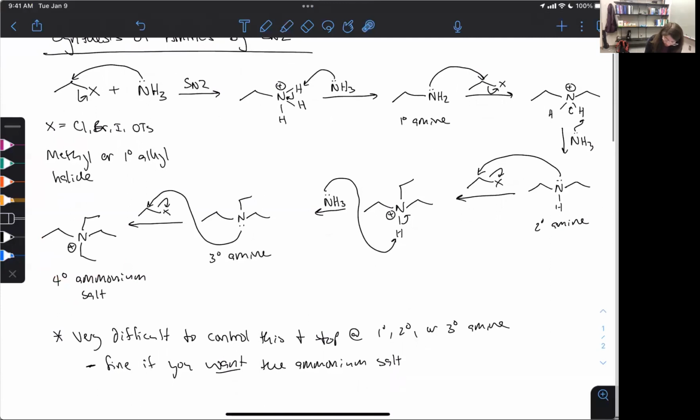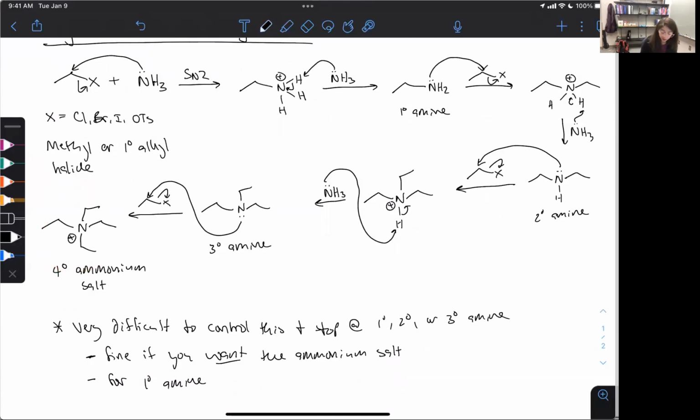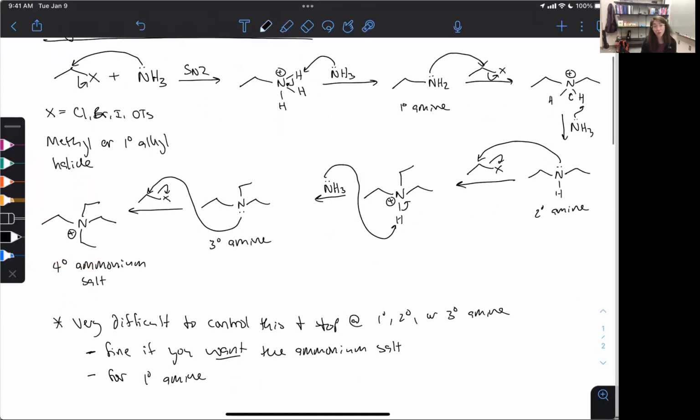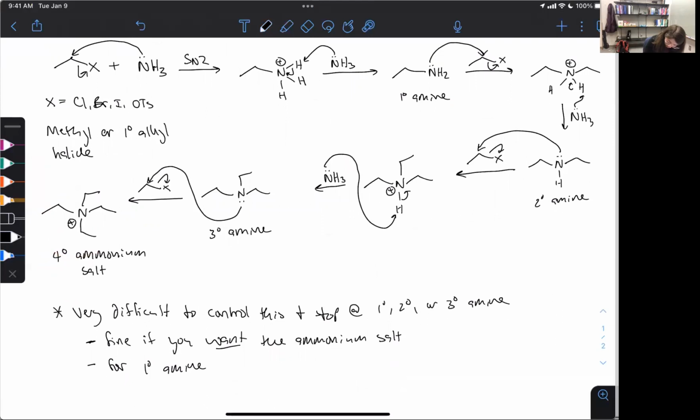If you want the primary, there's kind of two ways. One is more commonly used than the other one, but pretty much the only time that this is used is to make primary amines, so to stop right here. Pretty much the way that works is you use a very large excess of ammonia.